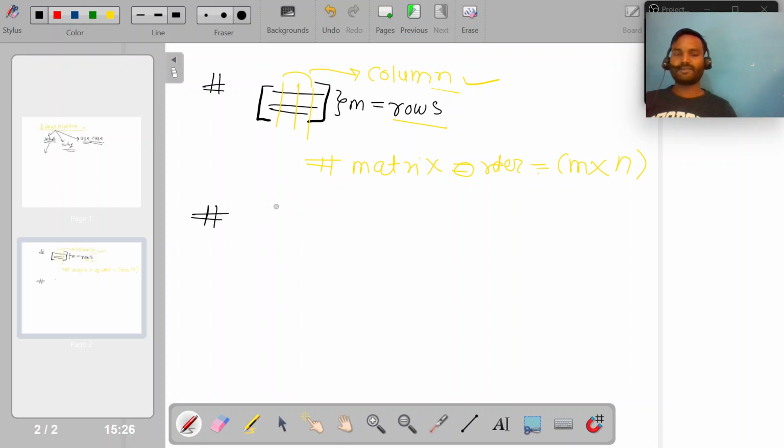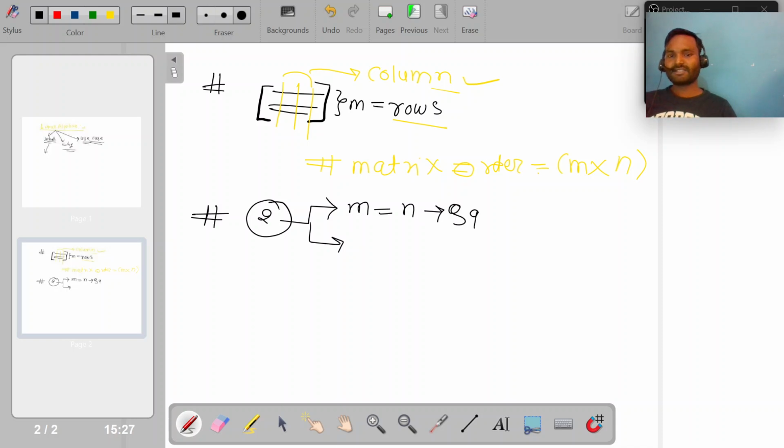Now we will categorize matrix types. If we categorize by shape, there are two types. First, when the number of rows is equal to the number of columns, it is known as a square matrix.